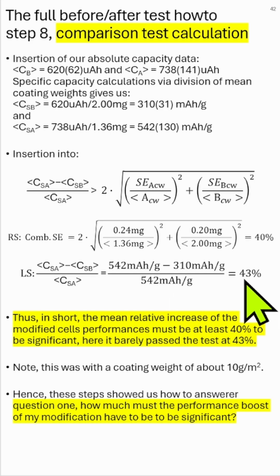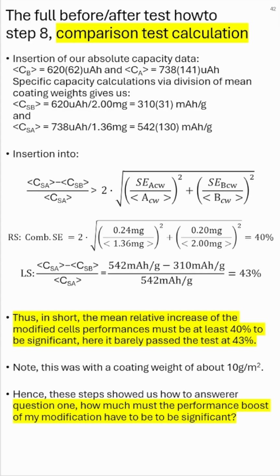That becomes 43%. And 43% is larger than 40%, and thus this means it has passed the significance test. Barely, 43 is not so much more than 40. But this is a statistically significant proof that our modified electrode is actually better than the original one, right?